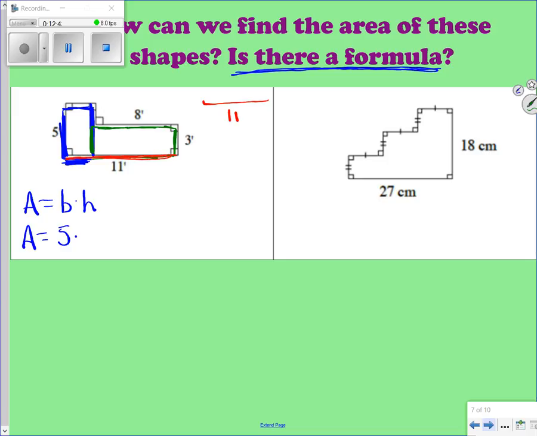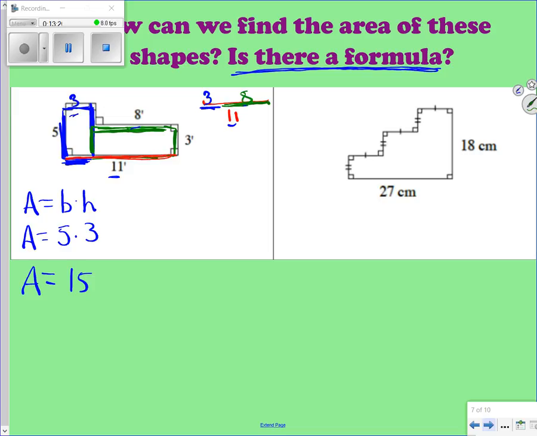If I look on my other rectangle, on my green line, I know the green part of that 11 is 8. So the question is, how much is left to give me the blue part? If we do 11 minus 8, we'll get 3. So I know this blue line has to be 3 because 3 plus 8 will give me my 11. So this rectangle is going to be 5 by 3, which means the area of this rectangle is 15.